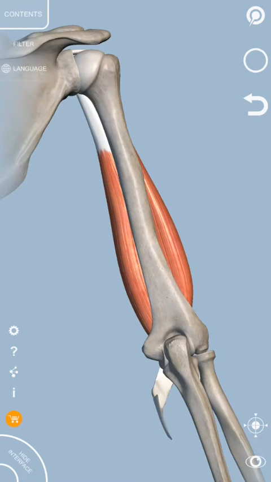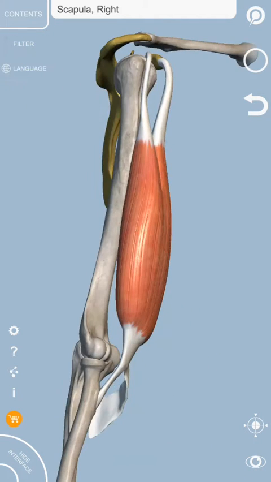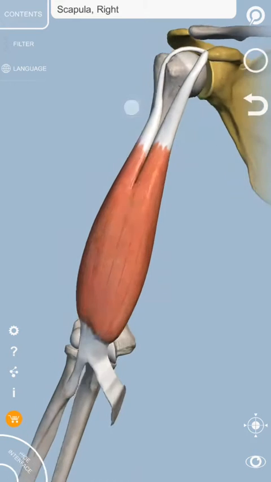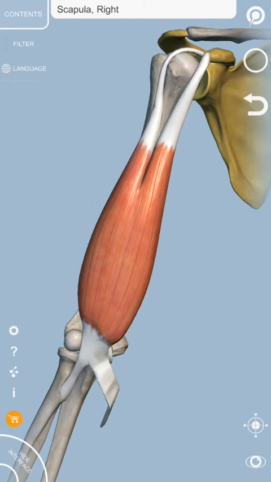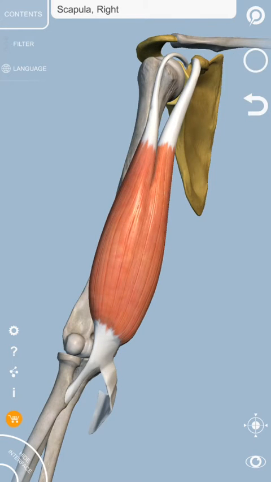the supraglenoid tubercle. Here we can see the supraglenoid tubercle of the humerus, and then this tendon passes above the shoulder joint and passes between the two tubercles, which is called the bicipital groove of the humerus or bicipital sulcus.